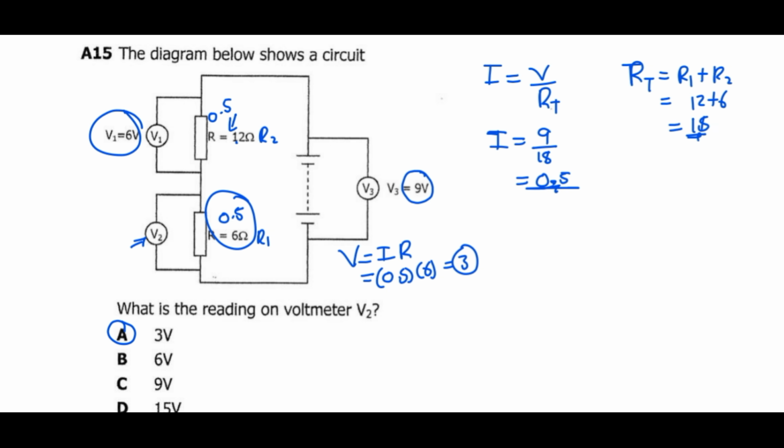The reason why I never wanted to rush into finding the answer to be 3, is that since the total is 9, if we subtract 6 from 9, sometimes you may find that resistor 1 uses a certain amount of voltage, which is 6, then maybe resistor 2 is only using 2 volts. Maybe there may be a remainder from the total produced. So the best way to be sure is to do the calculations.